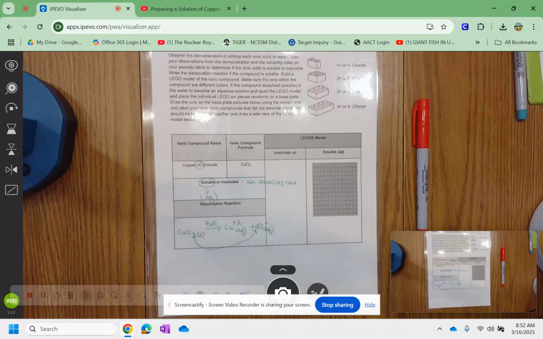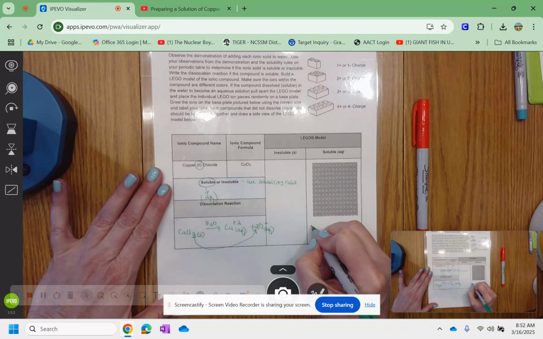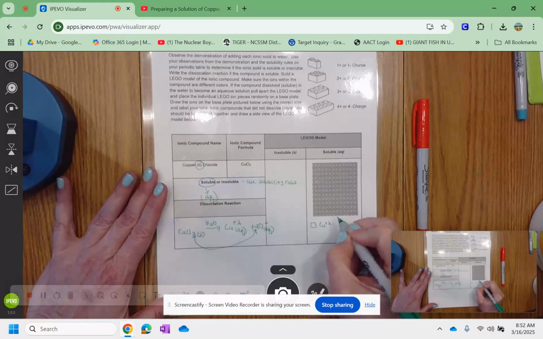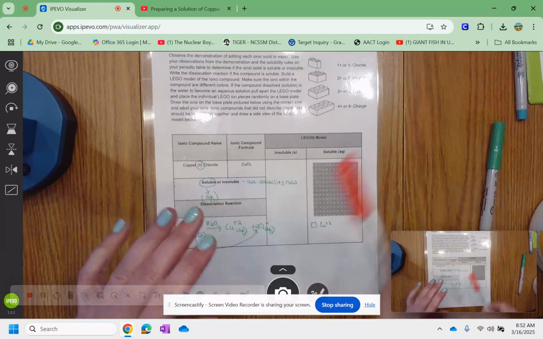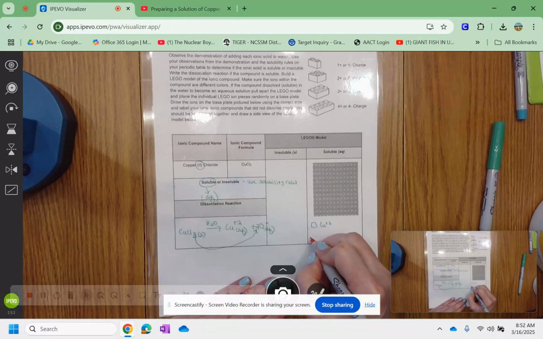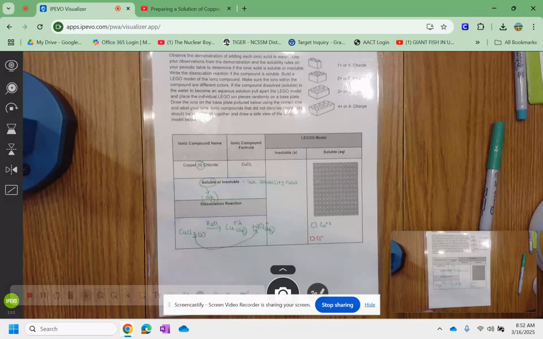All right, let's take a look at my model. So again, we're going to have copper plus 2 ions. And then again, we're going to need to have chloride ions. Okay.